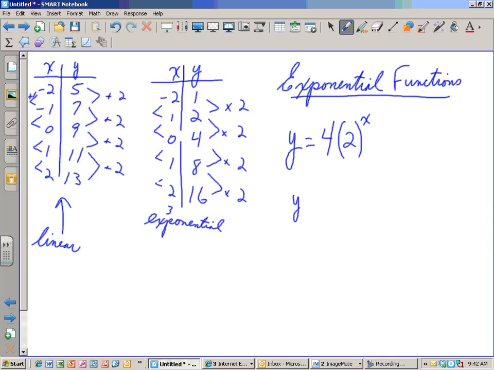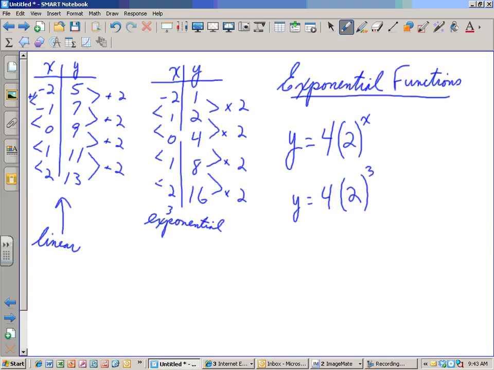Y would equal 4 times 2 raised to the third power, because I made x 3. And what is 2 to the third power? Not 6. It is 2 times 2 times 2, or 8. 4 times 8 is 32, and that would be the next number, wouldn't it? And so that's why it is exponential. Okay?